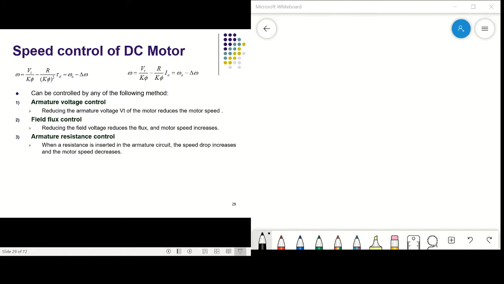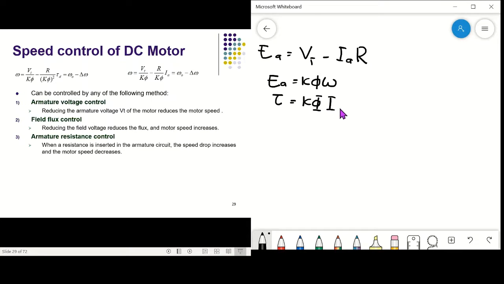Okay, so this is the general equation for the speed. How to get this equation? You can derive this equation from the general equations. We have EA equal to VT minus IAR, and then we have E equal to K flux omega, and then we have another one, torque equal to K flux IA.